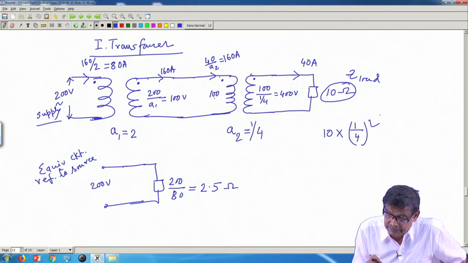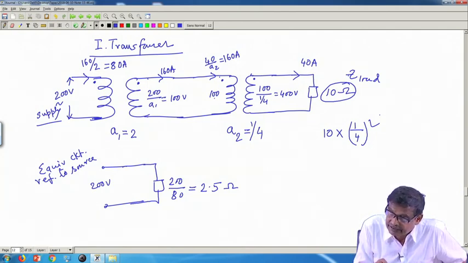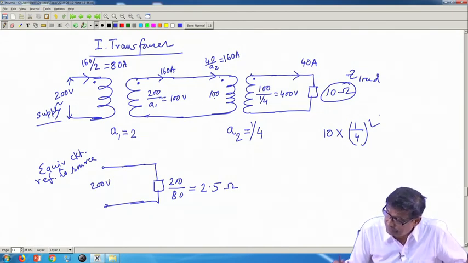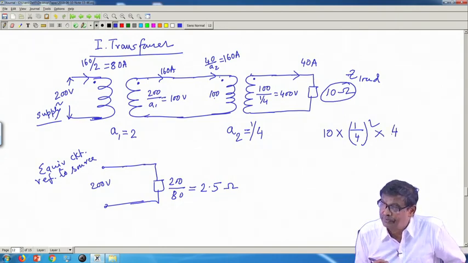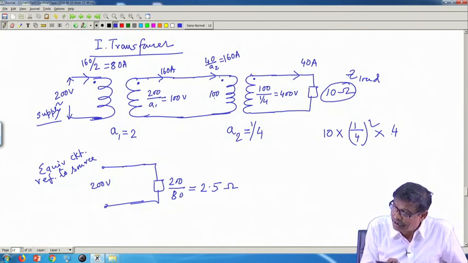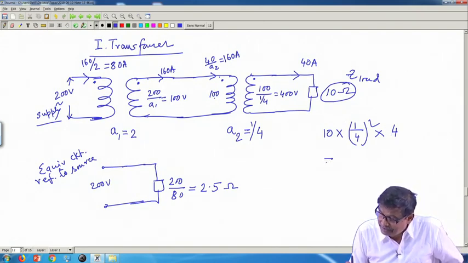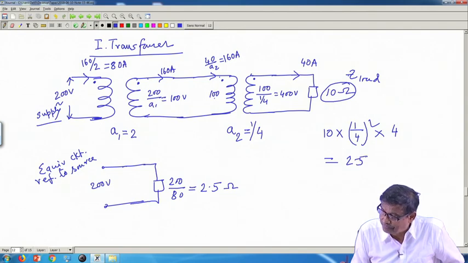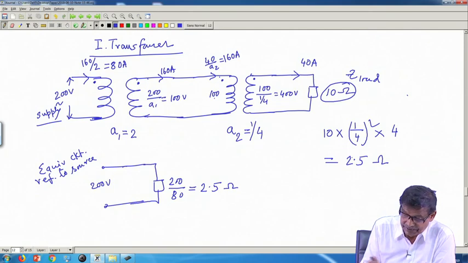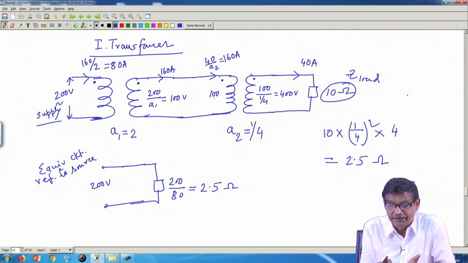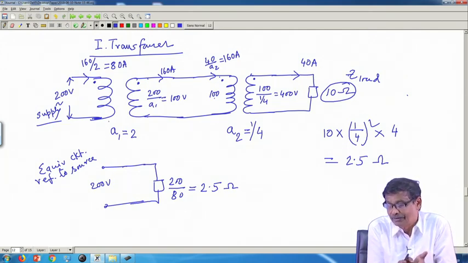This impedance is connected across this, and this into four, A square, and you see it is 2.5 ohm. Therefore, this is the equivalent circuit referred to this source.